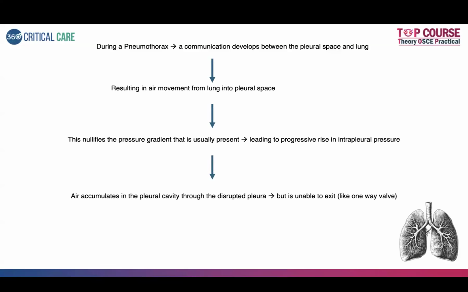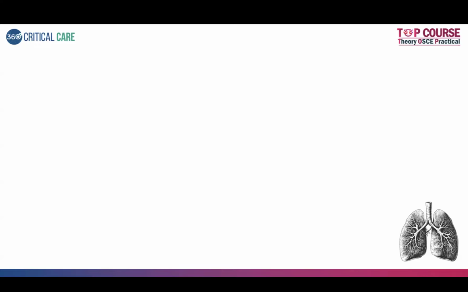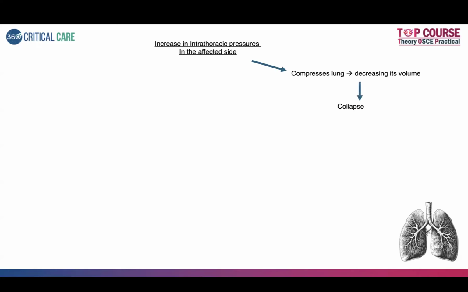As air accumulates in the pleural cavity through the disrupted pleura but is unable to exit, like a one-way valve, that leads to an increase in intrathoracic pressure on the affected side. This is going to create a lot of problems. The first is it is going to compress the lung on that side, decreasing its volume available for ventilation.